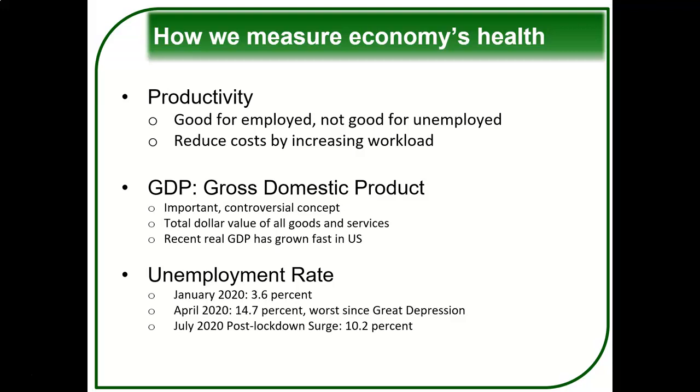In April, it spiked to 14.7%, which was the worst since the Great Depression and a reaction to the lockdown about COVID. In July, when the lockdown was lifted, there was an employment surge, and the unemployment rate dropped to 10.2%.